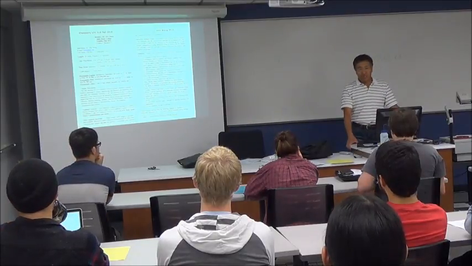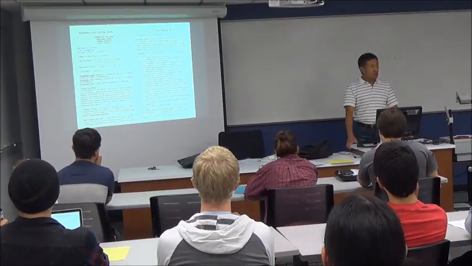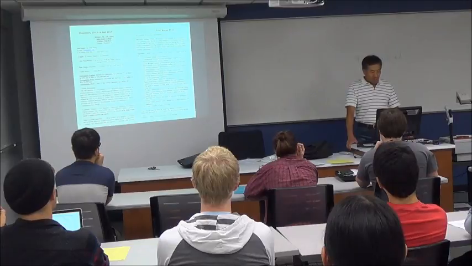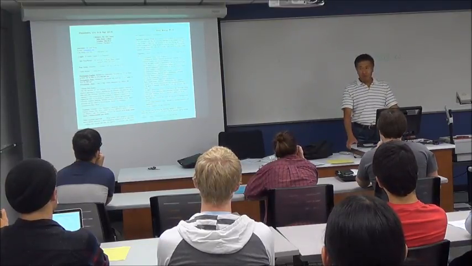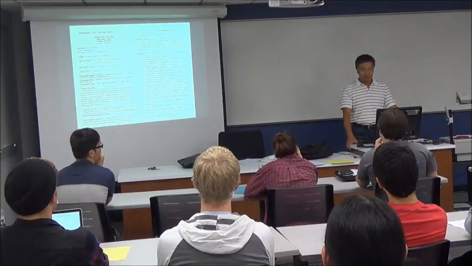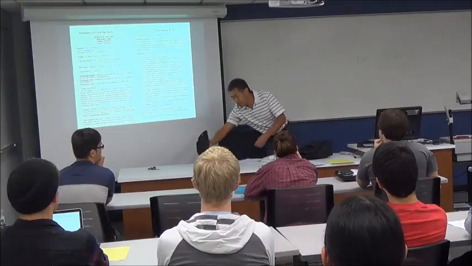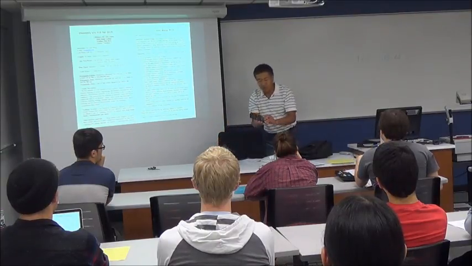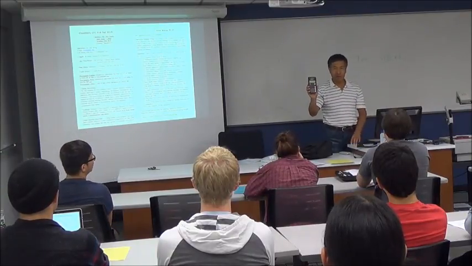Recommended, optionally, you can buy a lab coat. You can buy a calculator, but I think most of you use iPhone. But I prefer you get a calculator, at least some calculator like this, with basic scientific functions.